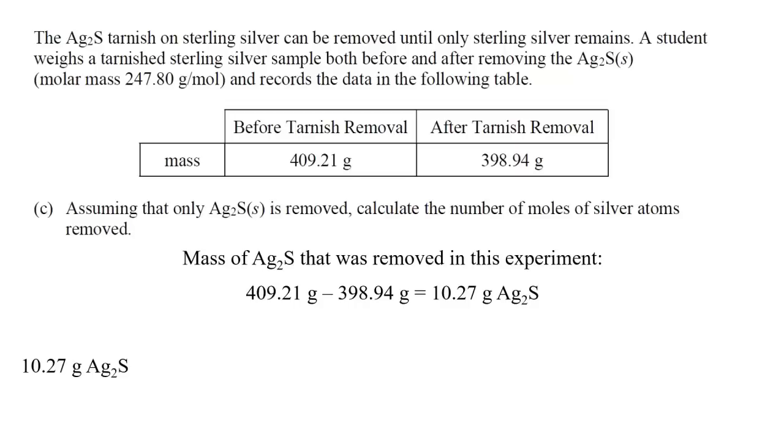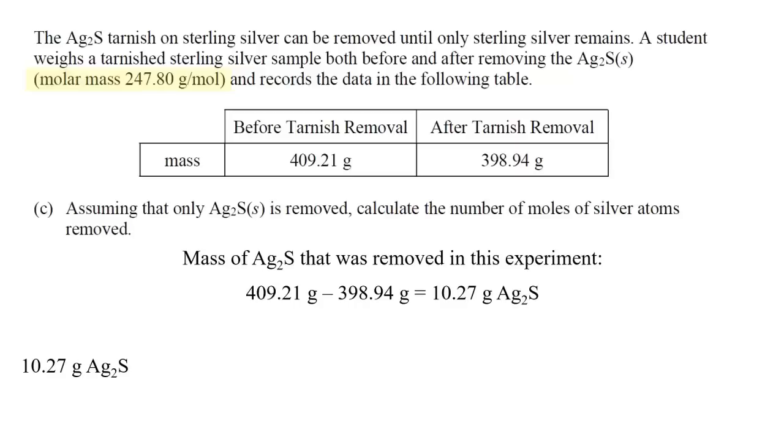Now, if you weren't reading the question carefully, you might spend some time looking on the periodic table so you can figure out how much 2 silvers and 1 sulfur weigh when you consult the atomic masses. So they actually did give us the molar mass of silver sulfide, so we can save some time by simply setting up that conversion factor.